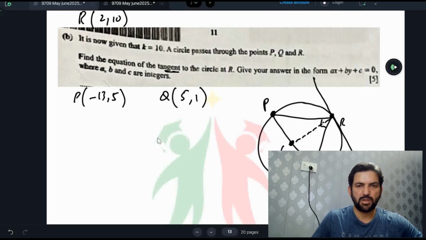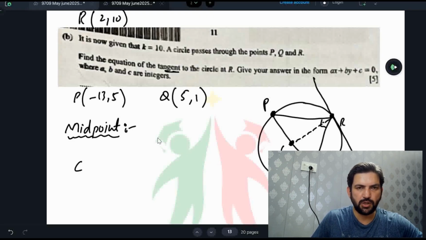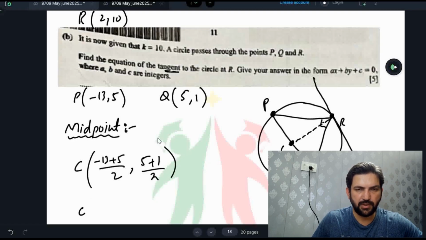Now the midpoint will be C. So the coordinates of C will be (minus 13 plus 5) divided by 2 and (5 plus 1) divided by 2. This should be minus 8 by 2, which means minus 4, and then here this will be 3.